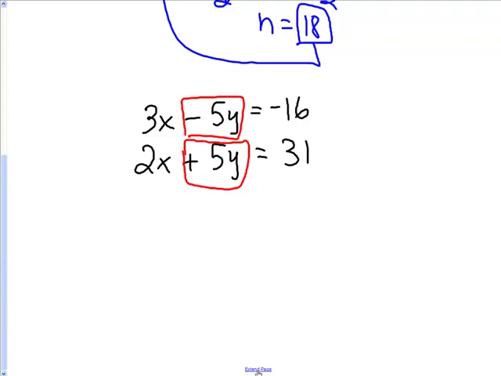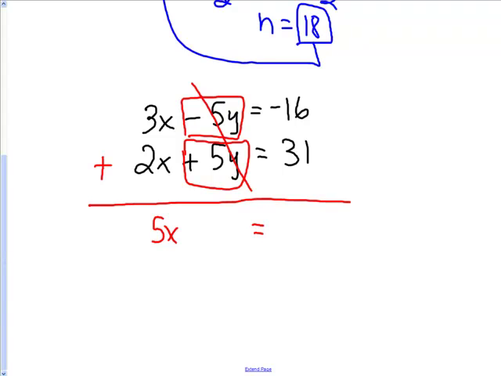So now we can see if we add those two together. If we add negative 5y and positive 5y, they will go to 0. So our strategy, because those two are additive inverses, in other words, one's negative and one's positive, is to add. So we're going to add one equation to the next. And when we add 3x plus 2x, we get 5x on the left-hand side. 5y and negative 5y cancel out and go to 0.